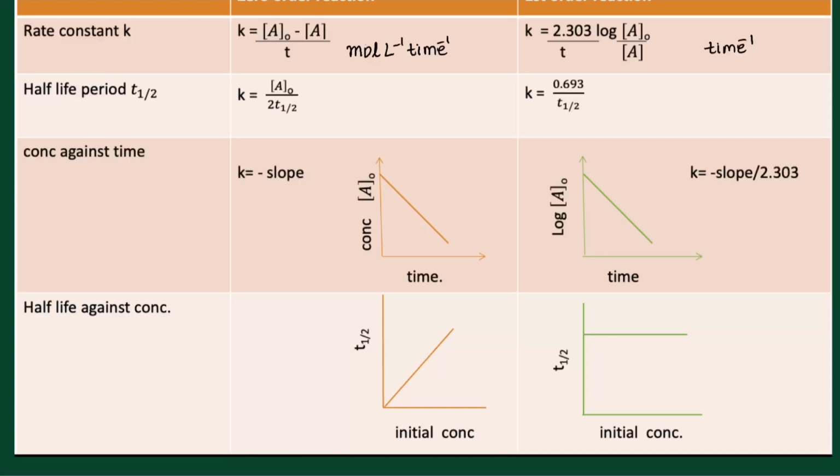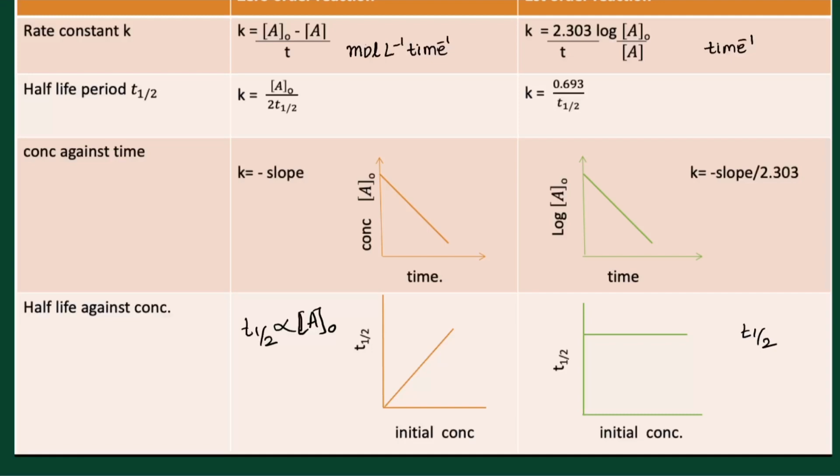Mind you, we are talking about the half-life period being dependent on the initial concentration. Same way, the half-life period being independent of the initial concentration, because if you notice in our expression there is no initial concentration over here.